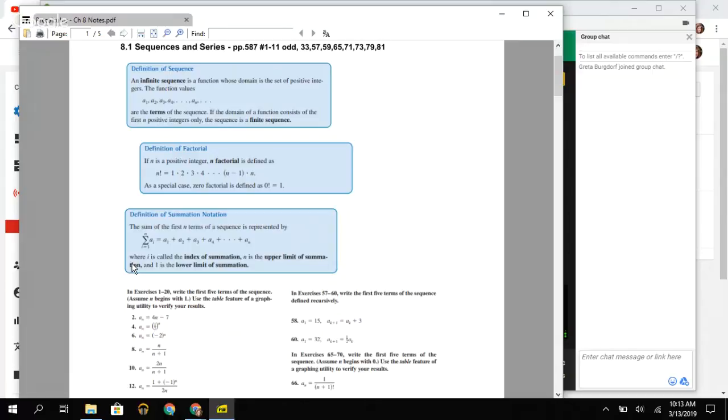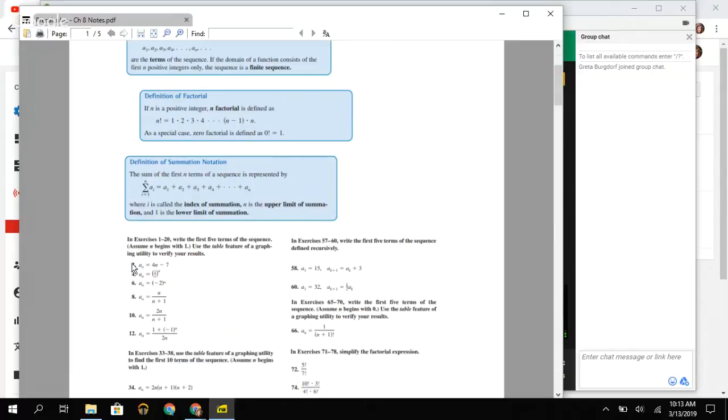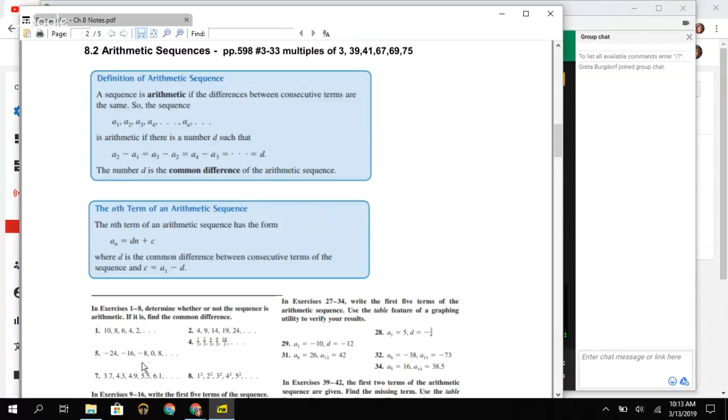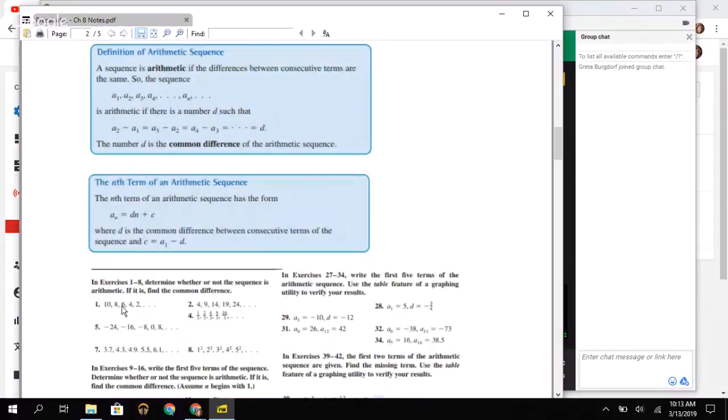Okay. So today we're just going to focus on one set of sequences, which is arithmetic sequences. The idea is that if you have a sequence of numbers, then the difference between every number is going to be the same.